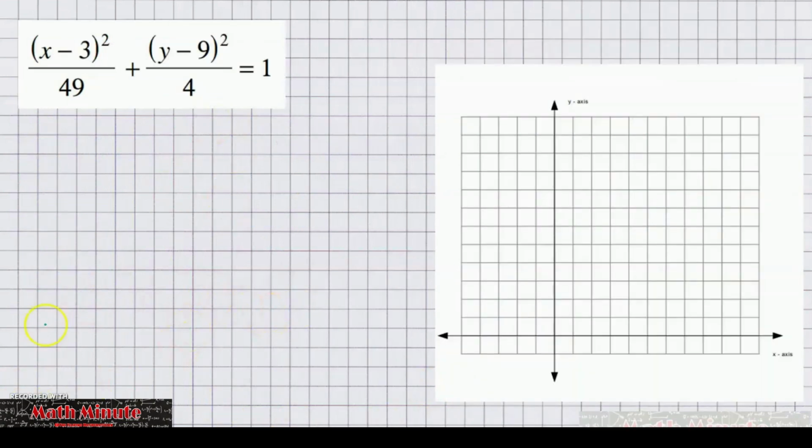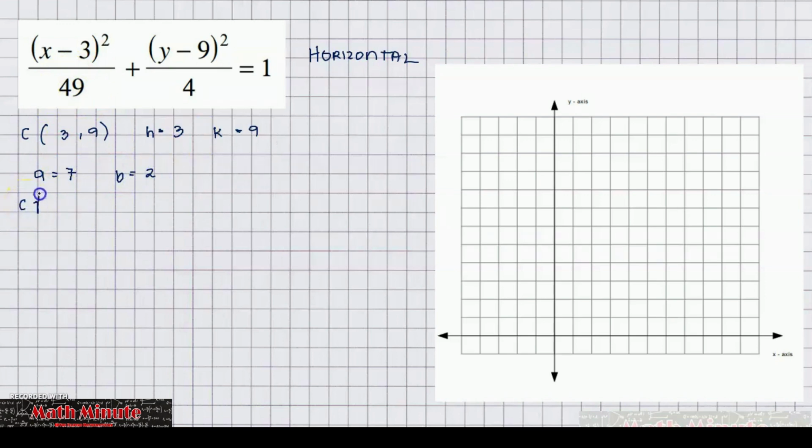On your fourth example, you will know that this is a horizontal ellipse since the higher denominator comes with x. So we write here that this is horizontal. The center would be positive 3 and positive 9, so h is equal to 3 and k is equal to 9. Your a here is the square root of 49, which is 7. b here is 2.